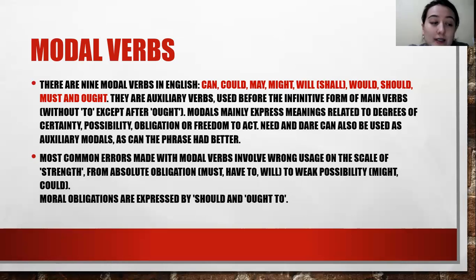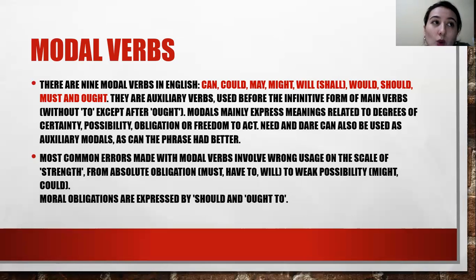And this means that if we are going to show degrees of possibility, maybe degrees of obligation or freedom or certainty, we use modal verbs. Modal verbs help us. They have the functions of main verbs.